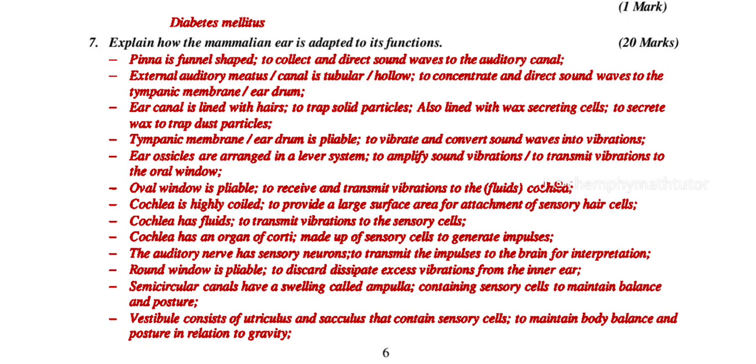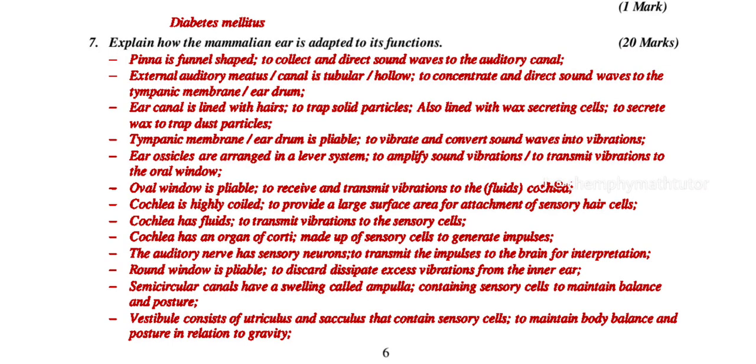Then the cochlea has an organ of Corti made up of sensory cells to generate impulses. The auditory nerve has sensory neurons to transmit the impulses to the brain for interpretation. The round window is pliable to dissipate excess vibration from the inner ear.